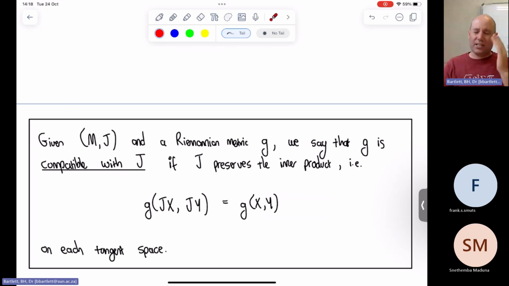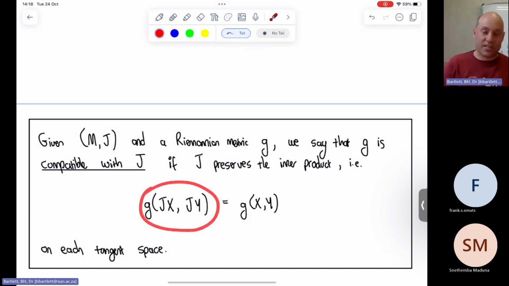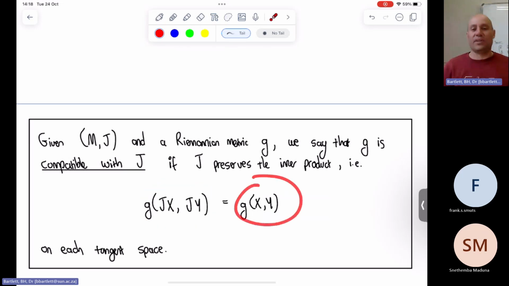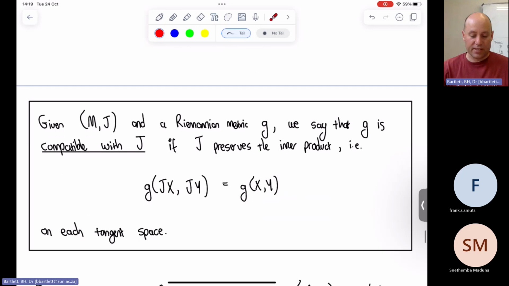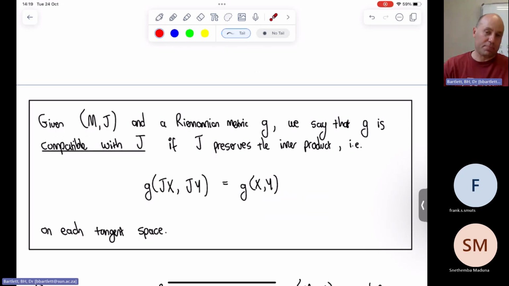In other words, the inner product of Jx with Jy should equal the inner product of x with y. So if you've got 2 vectors x and y, and then you hit them both with J, the inner product should be the same. Okay, so it's an isometric map. So that's what it means to say that the Riemannian metric is compatible with the complex structure.